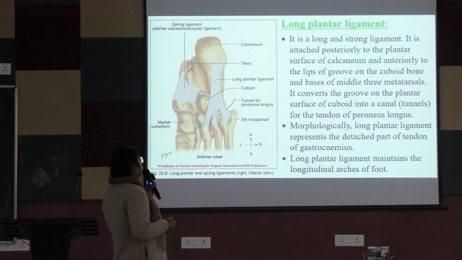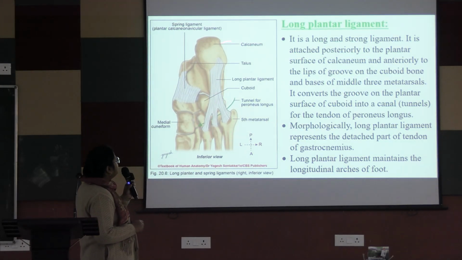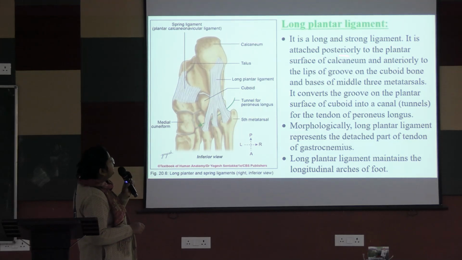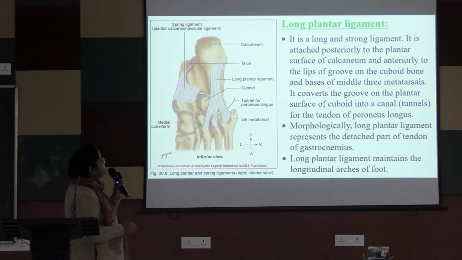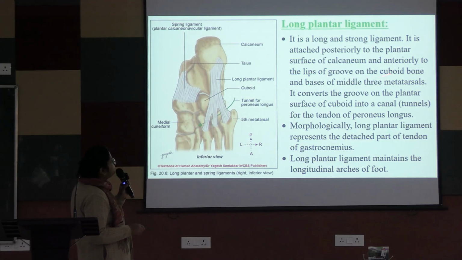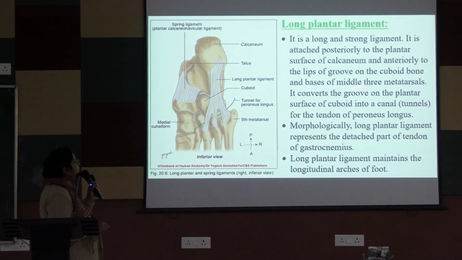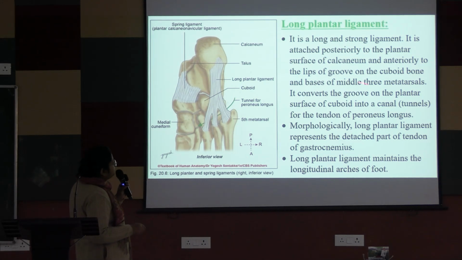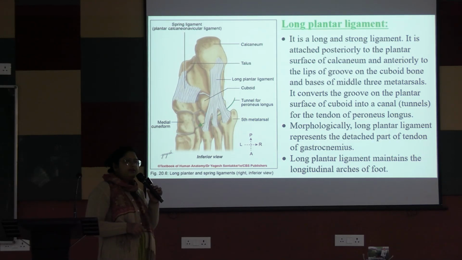Next we are going to the long plantar ligament. It is a long and strong ligament attached posteriorly to the plantar surface of the calcaneum and anteriorly to the lips of the groove on the cuboid bone and the bases of the middle three metatarsals. Here it converts the groove on the plantar surface of the cuboid into a tunnel for the tendon of the peroneus longus muscle.